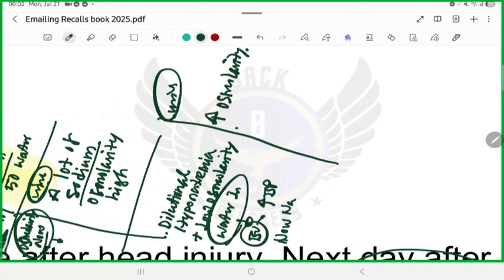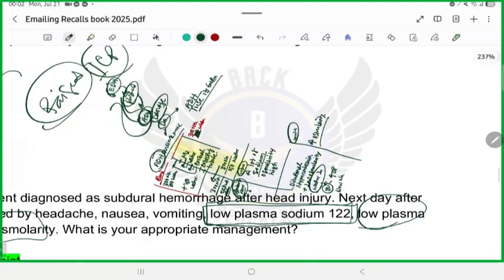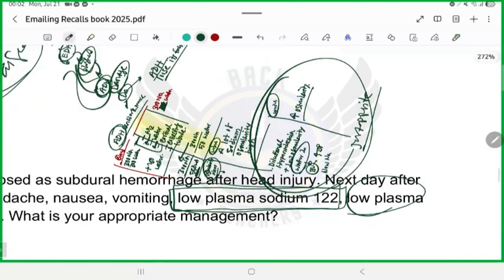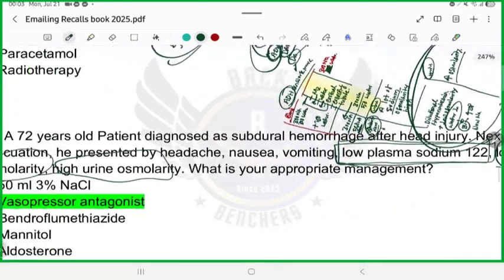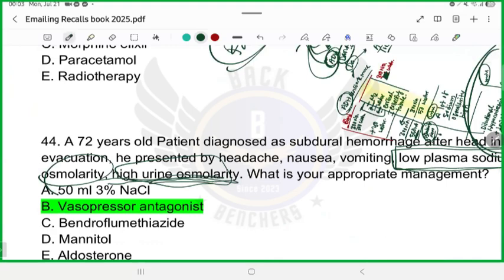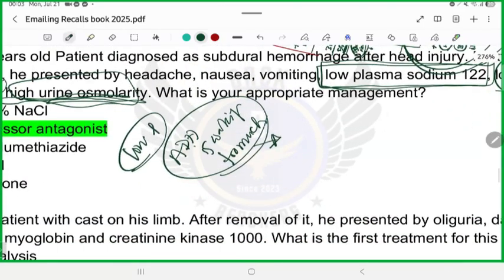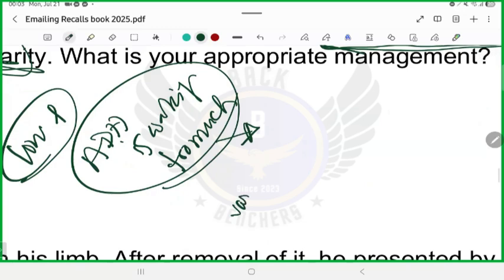osmolarity. If ADH works less, the picture will be just opposite. So now here we are seeing that we have a high urine osmolarity and low plasma osmolarity. That means our ADH is working too much. So what do we do? Another name of ADH is vasopressin.